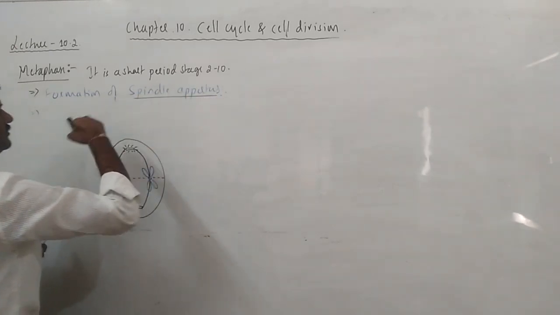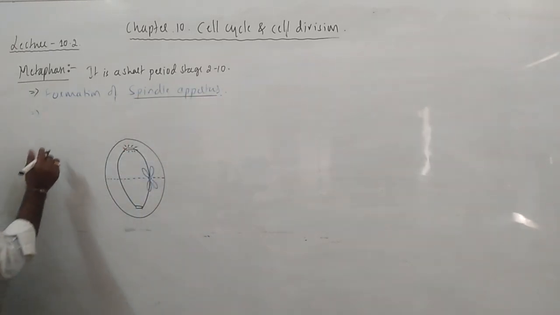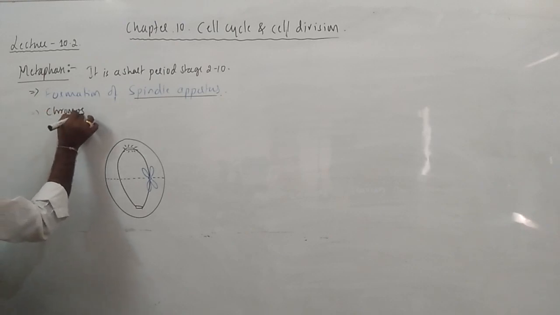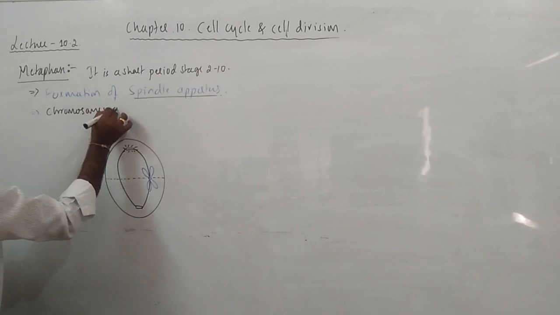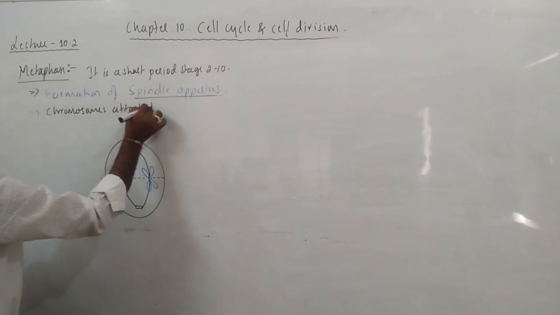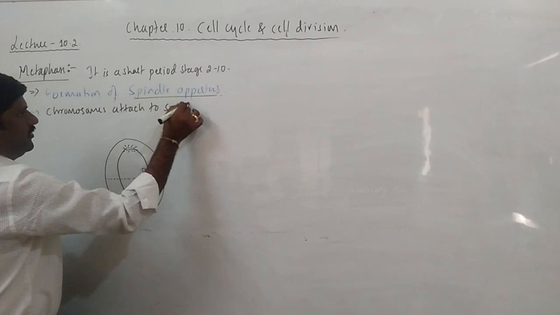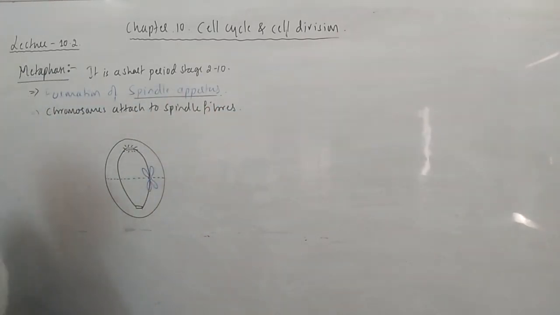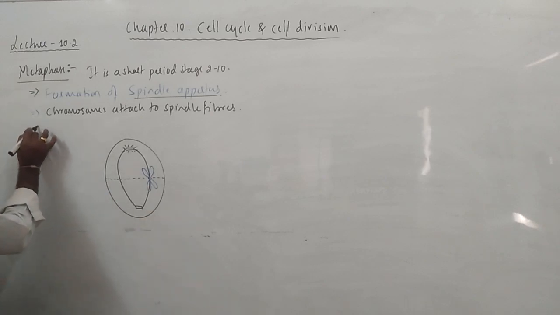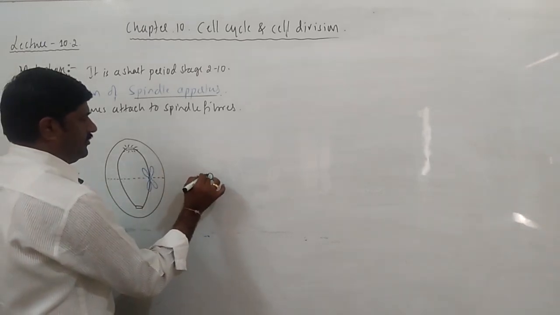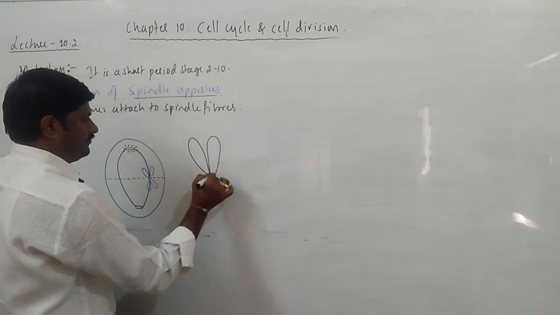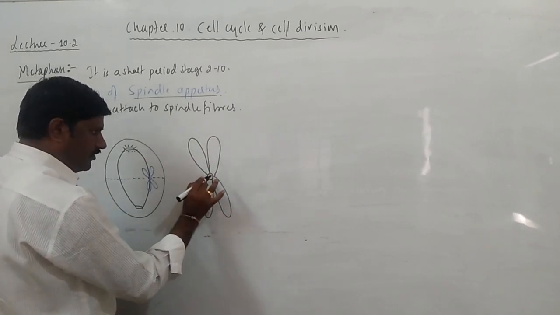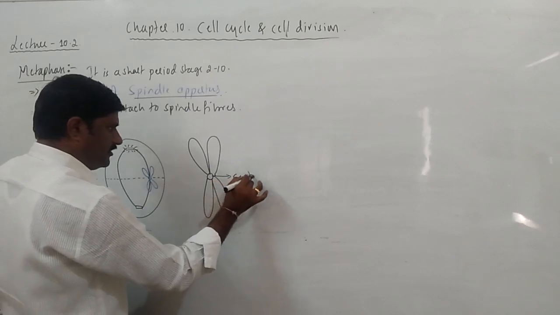Spindle apparatus is formed over here, and chromosomes are attached to spindle fibers, right? How do they attach to the spindle fibers? Whenever you come across one chromosome, you know to this one chromosome a centromere is present.